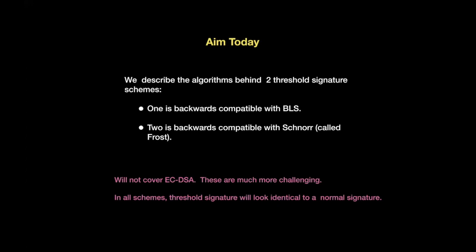These are much more challenging, so I wasn't planning to try and cover those in half an hour. But in both the schemes that I'm talking about, what we're going to want is that the threshold signature, once generated, looks identical to a normal signature. We don't want some kind of special purpose scheme which can be thresholdized. Instead, we're looking for something which already works with the infrastructure which is out there.